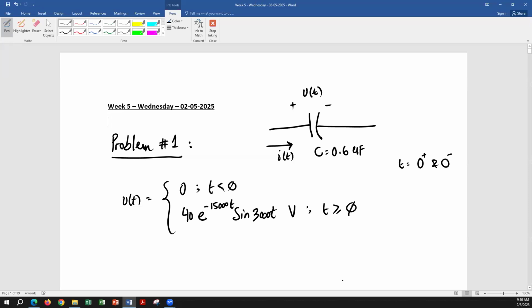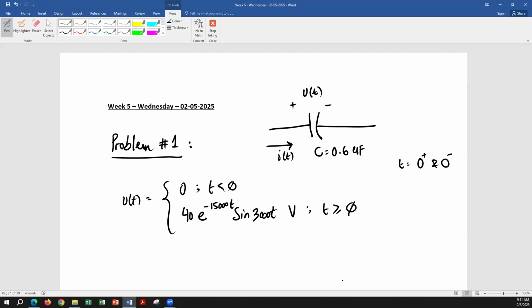That is, 0 negative time means that if you have switches in the circuit or any change is happening in the circuit, and the circuit also has a capacitor, then the capacitor voltage just before the change is happening at time t equal to 0. So 0 negative means just before 0. That voltage across the capacitor is not going to change just after the change happens, at 0 positive. That is to represent that the capacitor holds its voltage and it does not change in an instant of time.